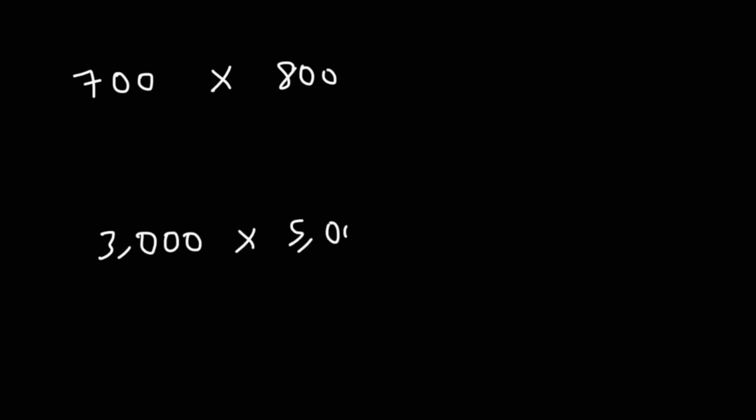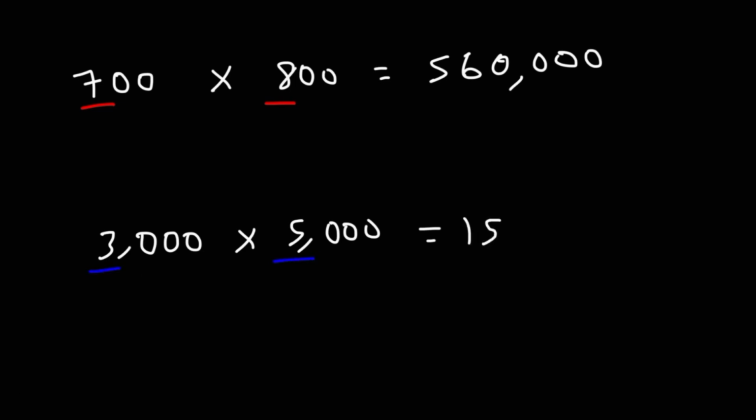What about these two? 700 times 800 and also 3,000 times 5,000. 7 times 8 is 56, and we have a total of 4 zeros. So this is going to be 560,000. 3,000 times 5,000, we can multiply 3 and 5 to get 15, and then we have a total of 6 zeros. So the answer is going to be 15 million.